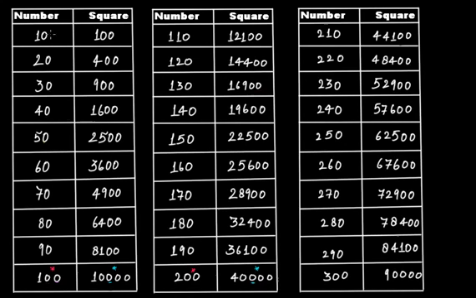Now, another property that we have to discuss for the same thing. What we have done is we have 3 tables, and now we have numbers 10, 20, 30, 40, 50, 100, 110 to 200, 210 to 300. Now all the numbers end in 0, that is they have 0 at their units places. So in that case, again, the perfect squares will end in 0, right?